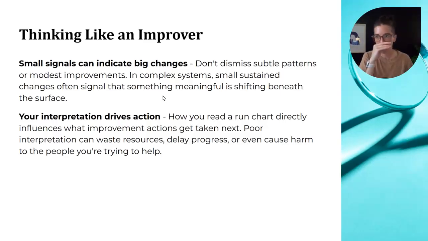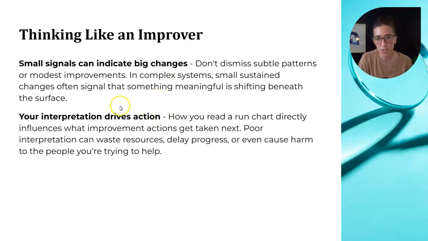If I'm training for a race or a marathon, I expect to make little improvements over time. If I look at my running data for the past 5 days, those small changes might feel like nothing. But when I step back and look at weeks of training, then I can see, oh, I needed all those really small steps to get to this big improvement.